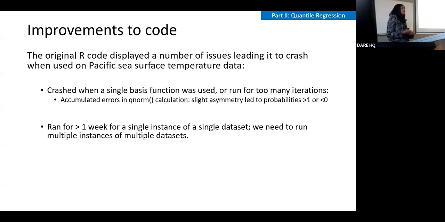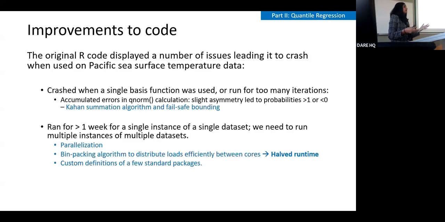And when we actually tried it on our tropical Pacific temperature data, it wasn't quite up to scratch, which is where our lovely Travis came in and saved the day, where he got to the bottom of why it wasn't working and put in some really important improvements. There's more to it than this, but here is a very quick overview of those improvements. We found that there was an asymmetry in the way that probabilities were being calculated.